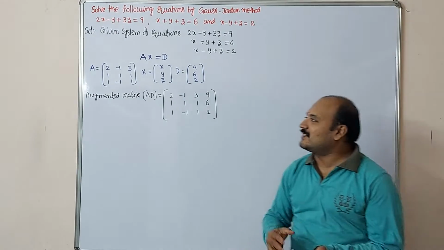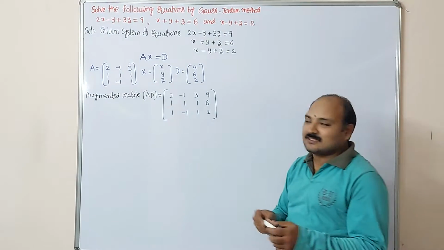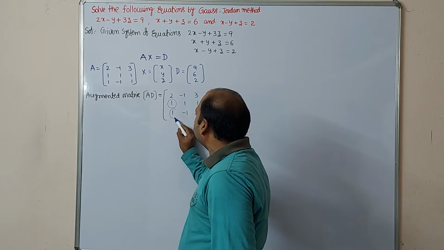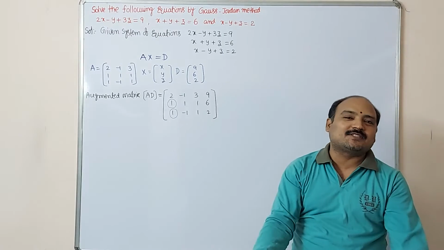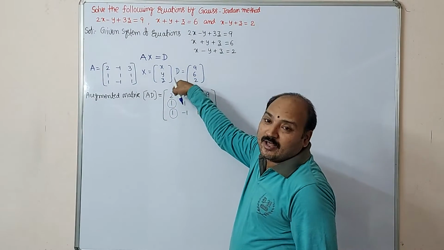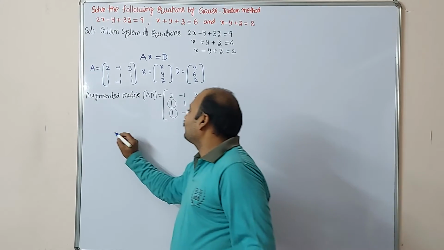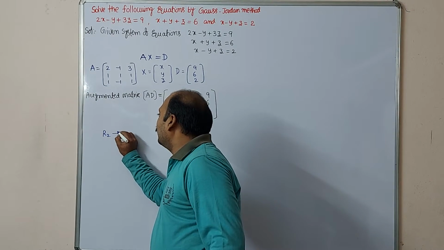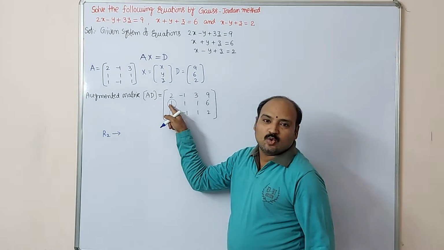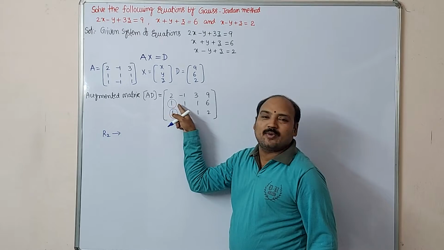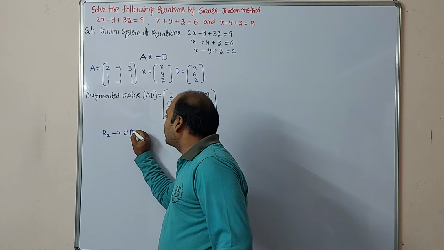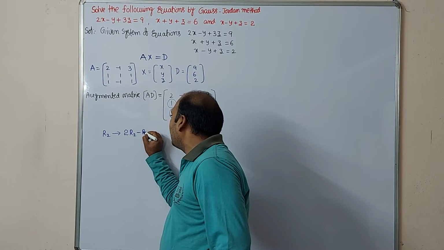What is the first step after writing the augmented matrix? We need to make this element and this element zeros by using R1. So R2 tends to, if you multiply this value by 2, 2 into 1 is 2, which gives 2 minus 2. That is the reason for 2 times R2 minus R1.